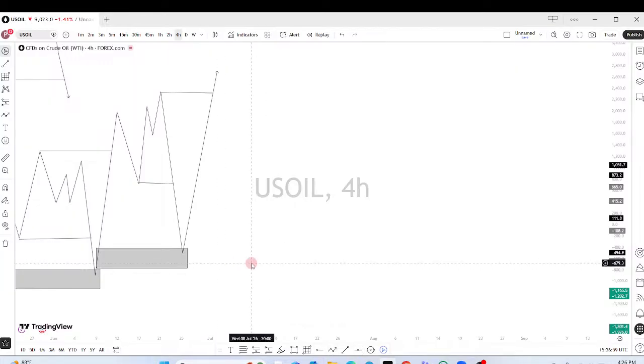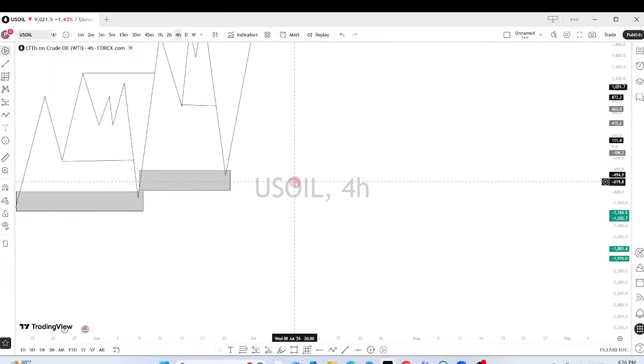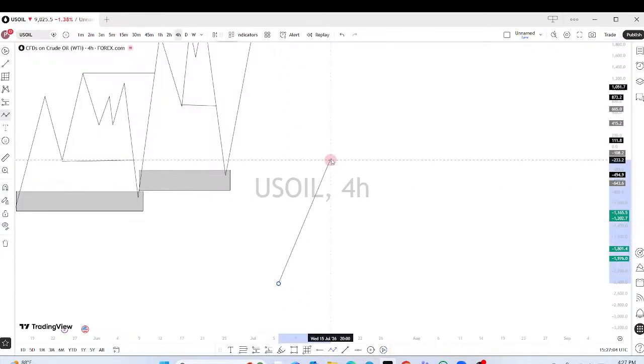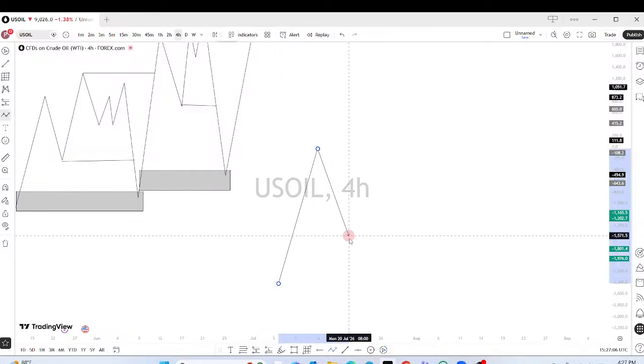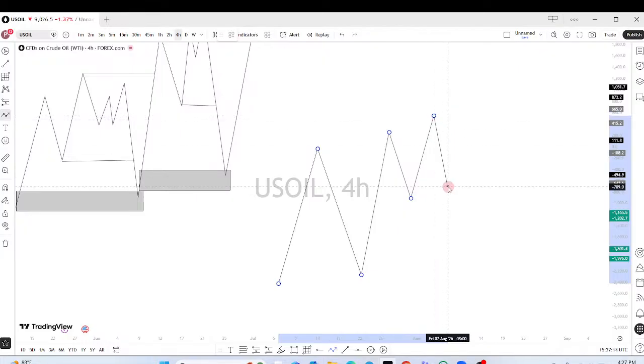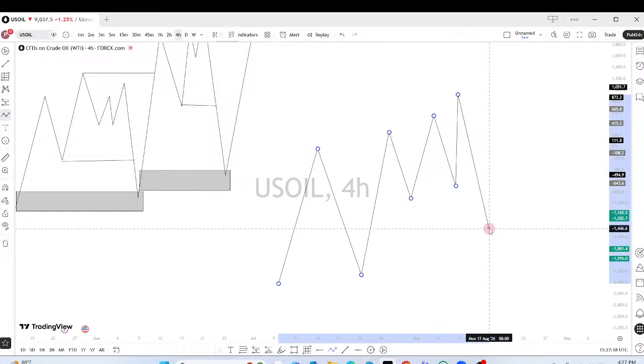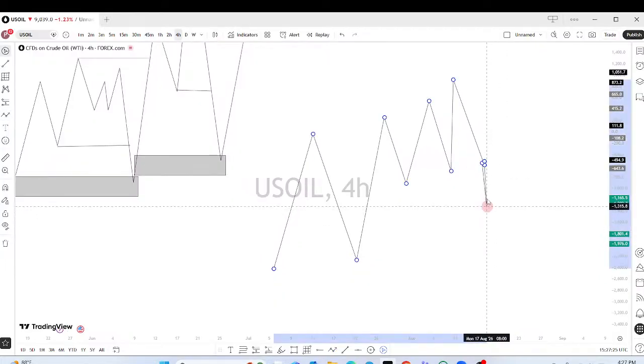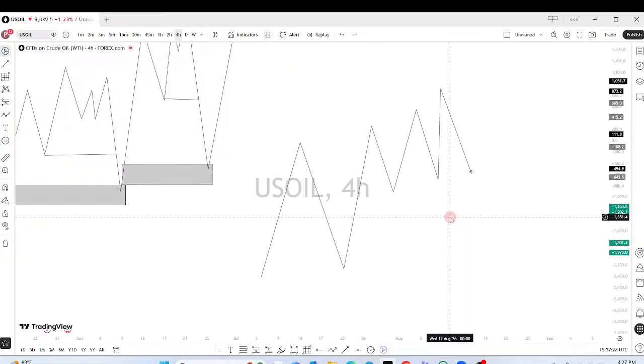At a situation where you see price giving you something, for me, if I come on chart and I see price doing something like this, trust me, I'm not going to trade anything here.